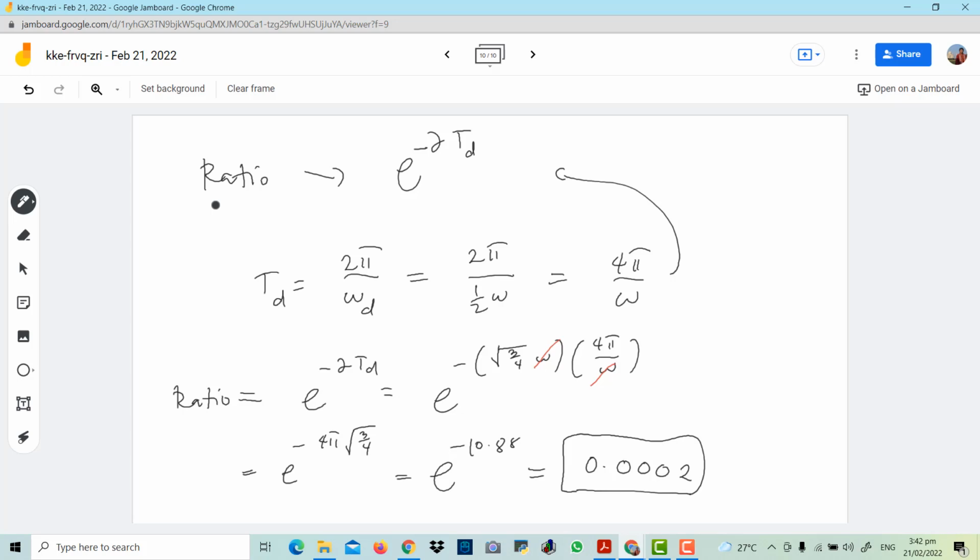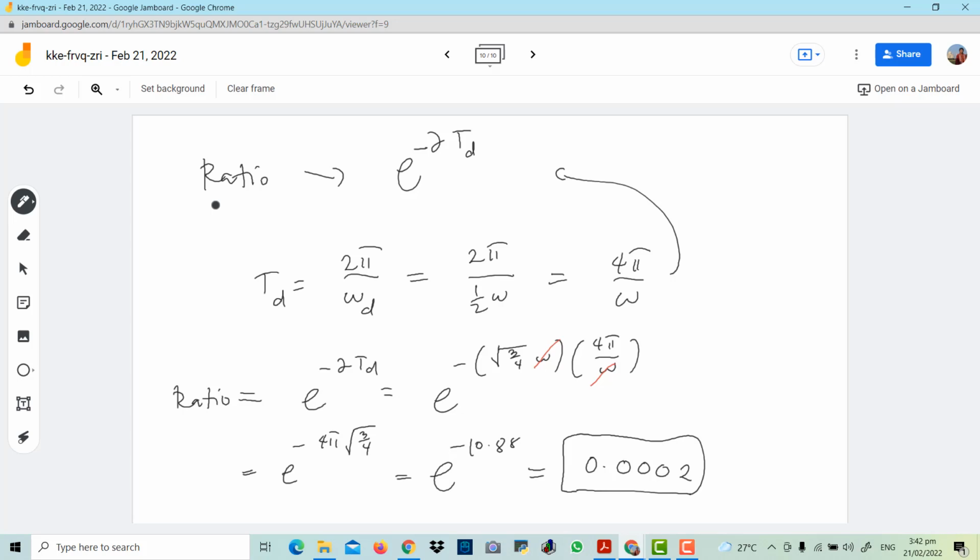Take note, the period with damping is equal to 2 pi over omega d. And since omega d is just half of the omega, the angular frequency without damping, you can have this period with damping as 4 pi over omega.